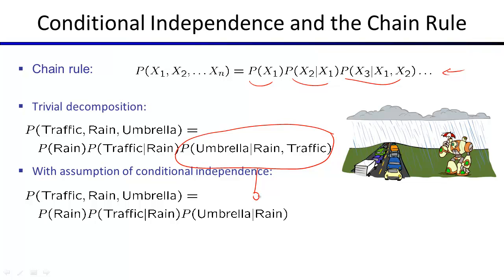Why is that interesting? Well, this is a table over 3 random variables. This is a table over 2 random variables. So we shrunk the table we have to use to represent this distribution from a table over 3 to a table over 2 variables. If we're willing to make more conditional independence assumptions, we'll be able to cut out more variables from tables and have more compact representations.